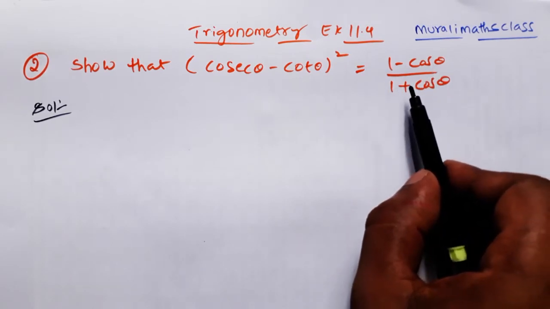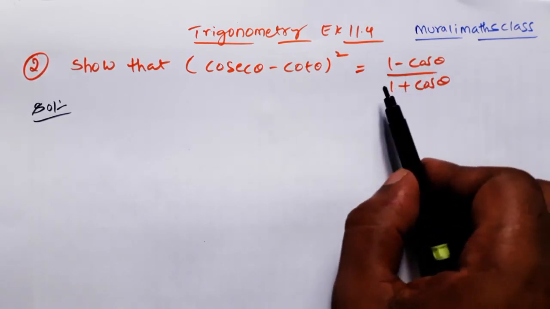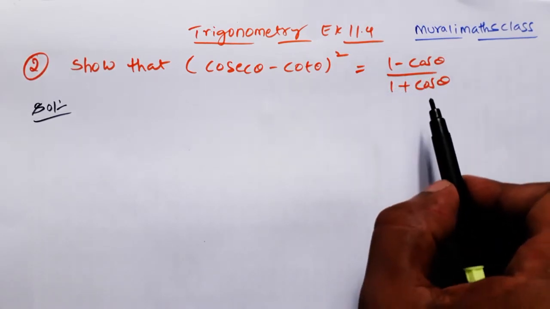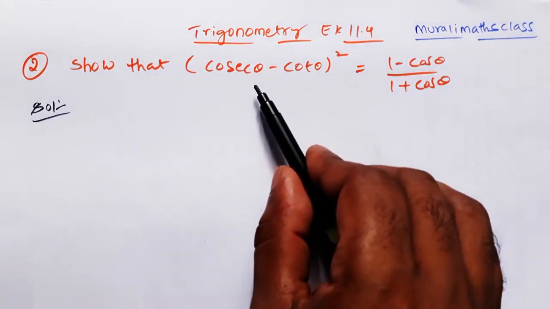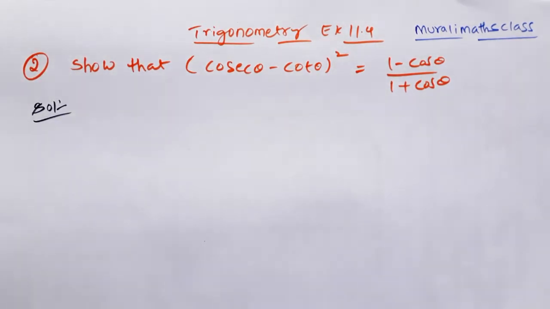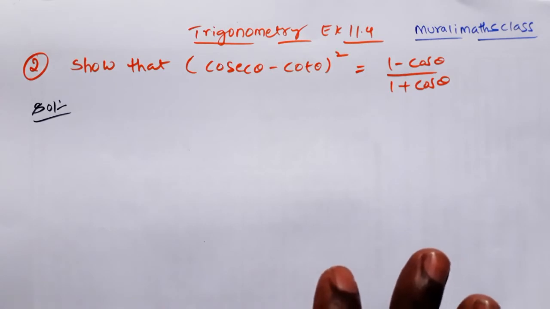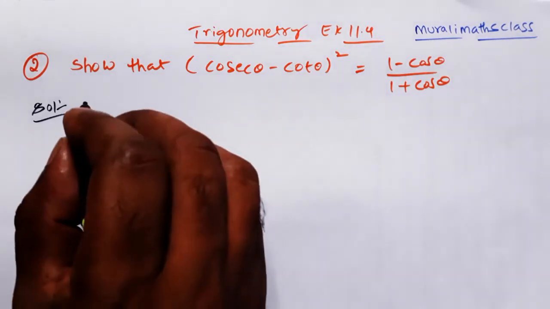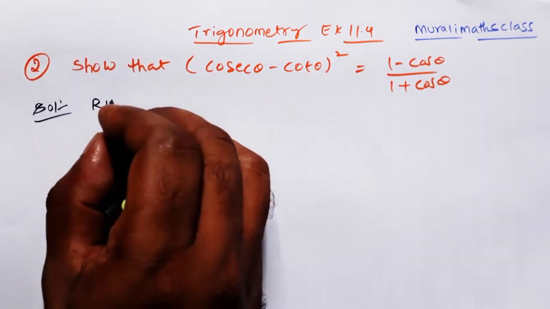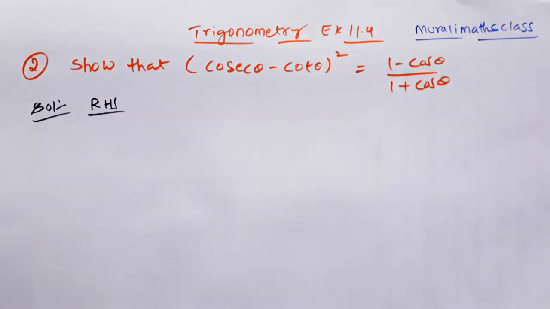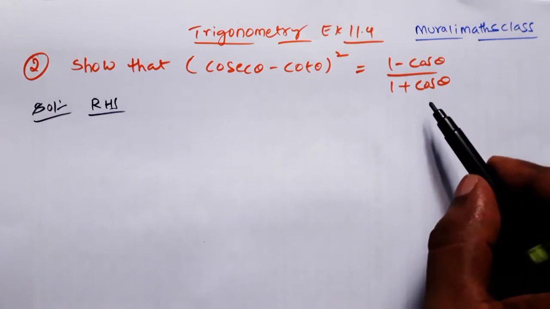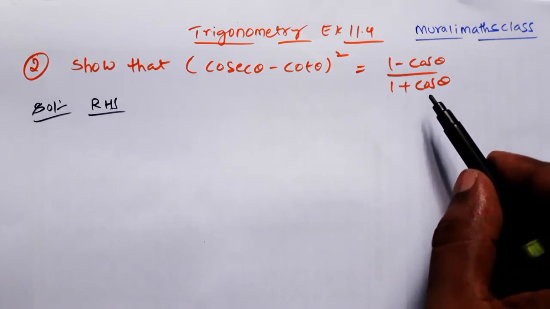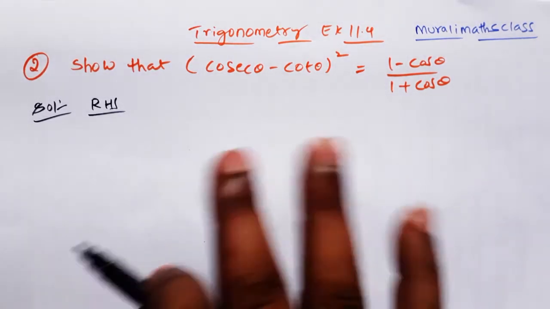Otherwise we can take this 1 minus cos theta by 1 plus cos theta and simplify that, you will get this answer. So for a very easy calculation I am taking this RHS answer. If I take RHS and simplify this RHS, we have to get LHS answer. Then the problem is completed.